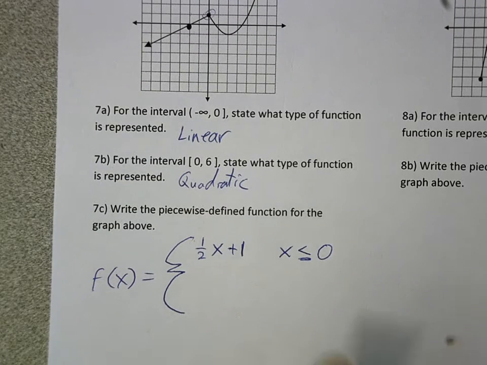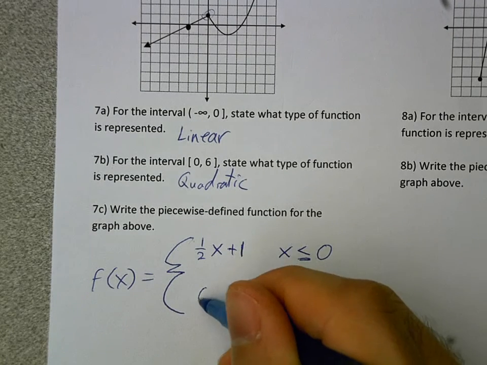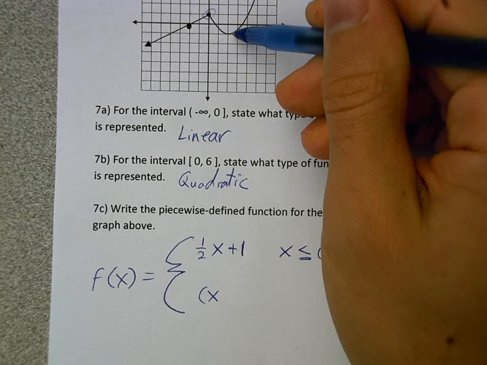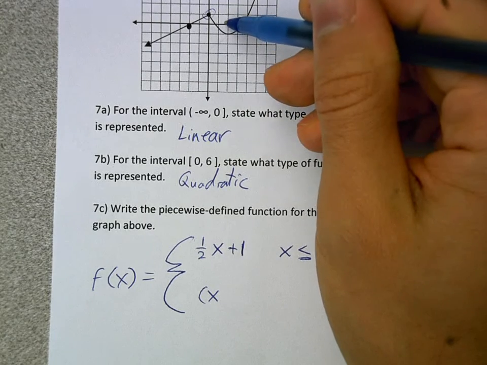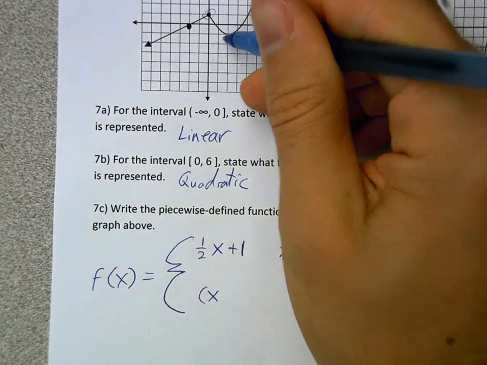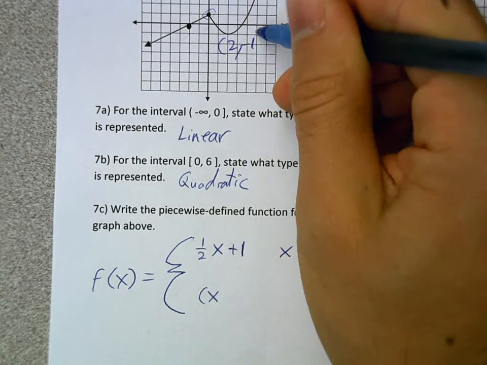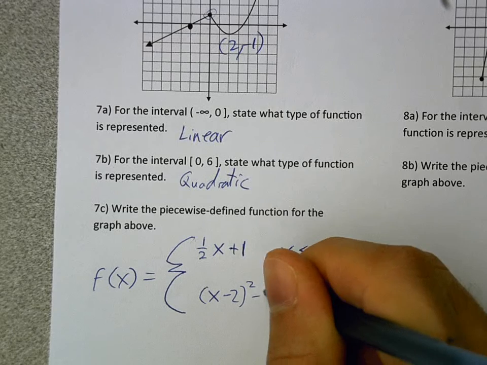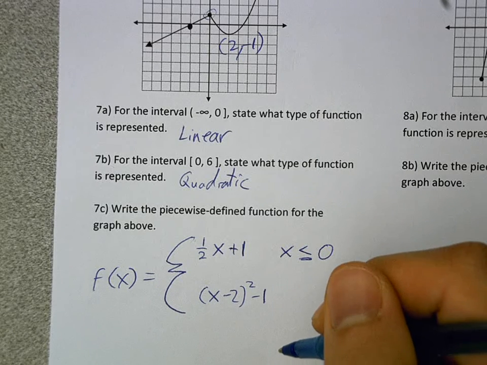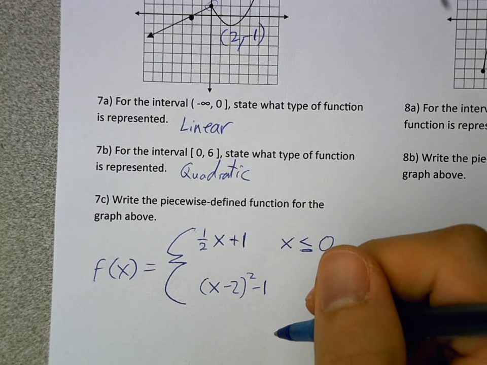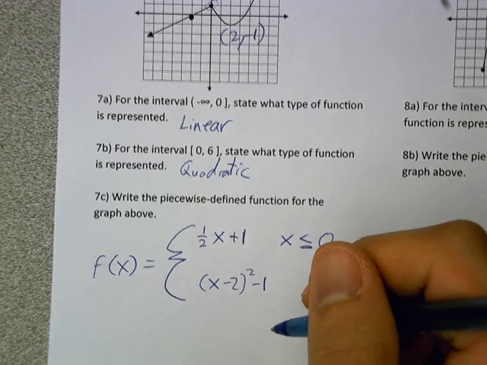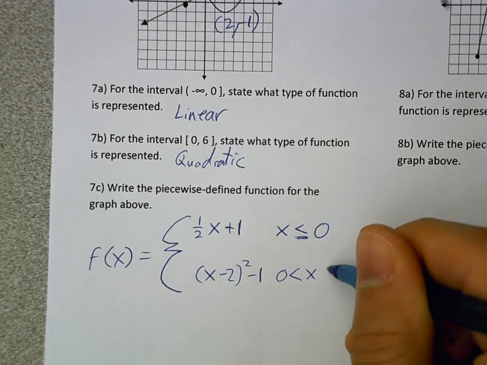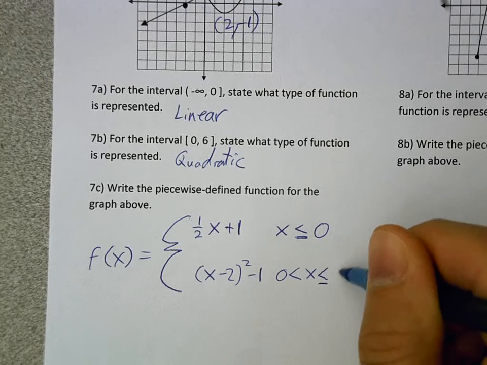The quadratic should have x minus, so the vertex is at 2, negative 1. So x minus 2 squared minus 1. And we're just going to go from 0 to 6. 0 is less than x, x is less than or equal to 6.